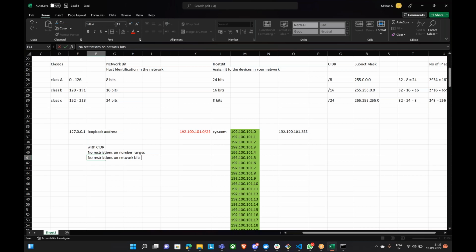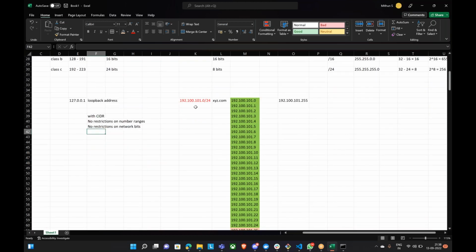No restrictions at all. You can have any number as per your need. So that means you can have any /value you could desire. Clear? Now with this you can divide the big network into smaller networks.